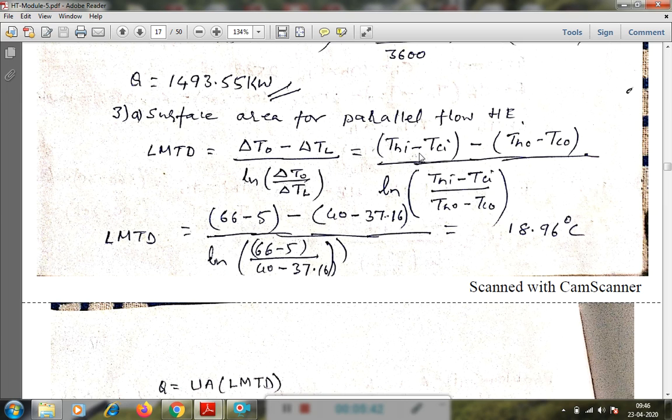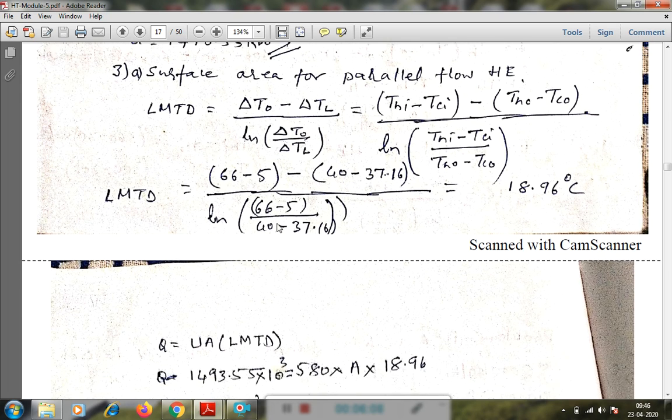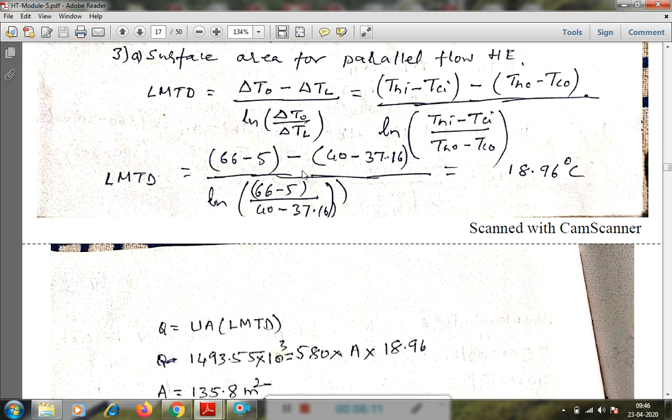For the parallel flow heat exchanger, delta Ti is Thi minus Tci at the inlet, and the outlet temperature difference is Th0 minus Tc0, so LMTD is (Thi minus Tci minus (Th0 minus Tc0)) divided by ln of (Thi minus Tci) by (Th0 minus Tc0). Since we know all the temperatures, we substitute 66 minus 5 and 40 minus 37.16, that is 61 and 2.84, ln of 61 by 2.84. This will give 18.96 degrees Celsius.